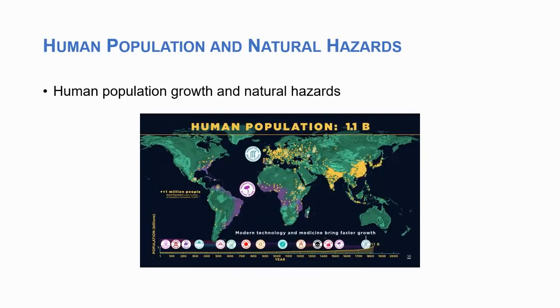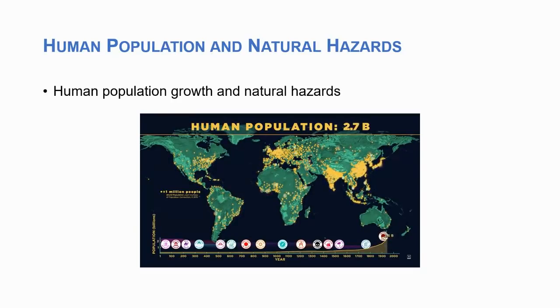So as you can see now, modern technology and medicine means that people are living longer, and then the Industrial Revolution. And with the Industrial Revolution, we start to see exponential growth.